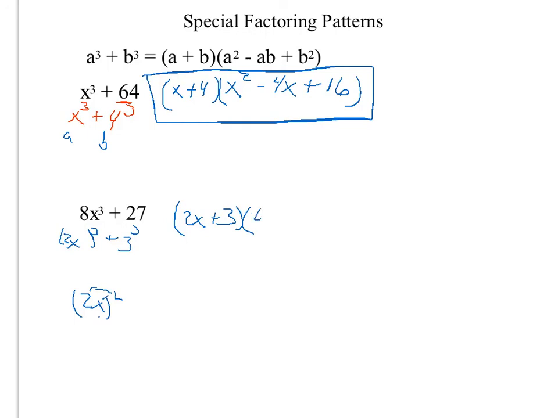So this will actually be 4x squared. Minus A times B. So 2x times 3. So 6x. Plus B squared. B in this case is 3, so 3 squared is 9. And again, that's as factored as that will get.